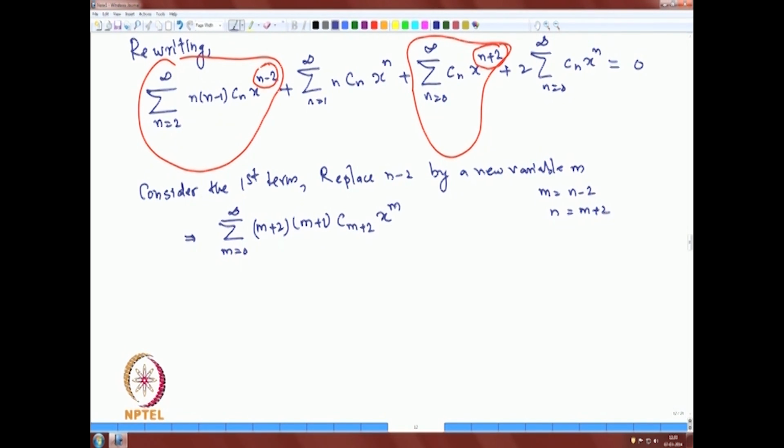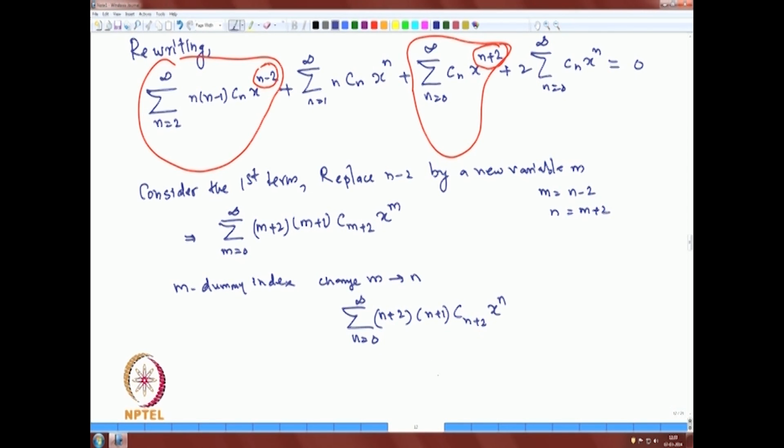Now, remember that m is just a dummy index. We can change m to n notation. So, it becomes summation n equal to 0 to infinity n plus 2 into n plus 1 into C n plus 2 x to the power n.